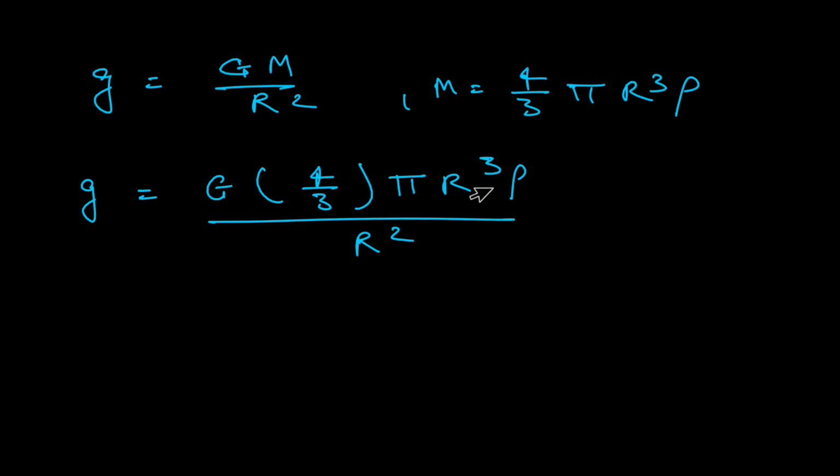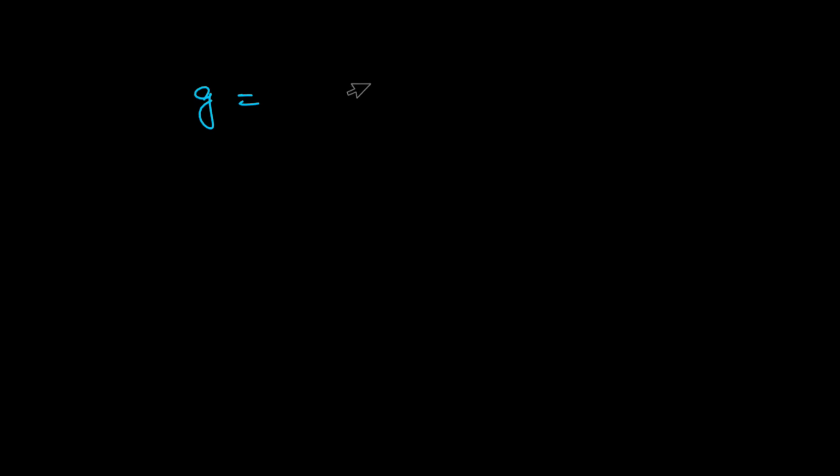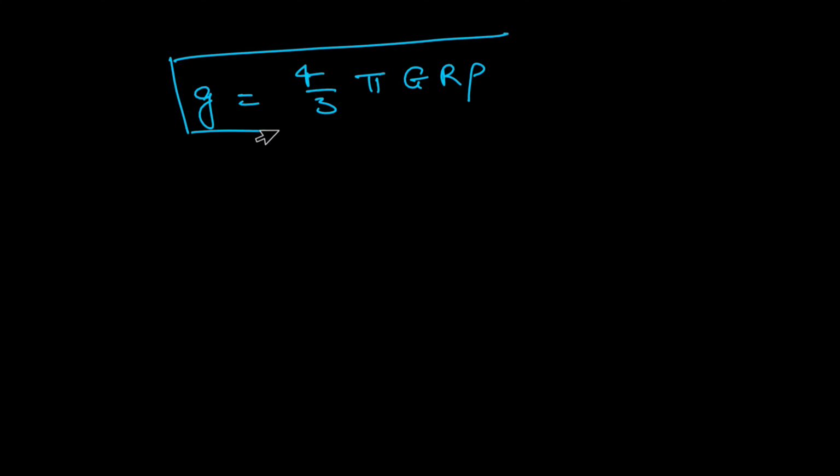Since r cube upon r square is equal to r, we have g equal to 4 by 3 pi G r rho. So the acceleration due to gravity in terms of the density of Earth is 4 by 3 pi G r rho, where G is the universal gravitational constant, r is the radius of Earth, and rho is the density of Earth.